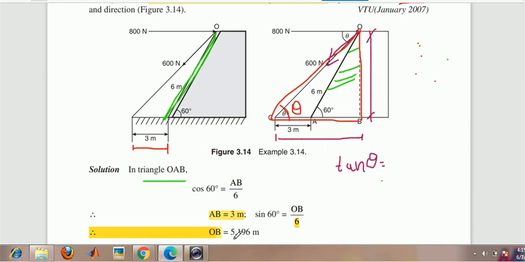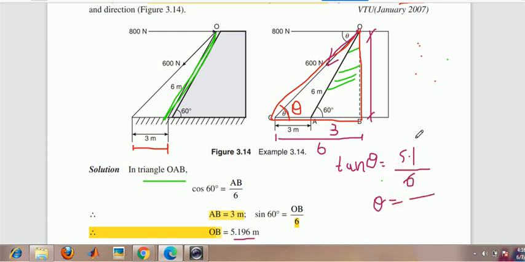OB is 5.1 and BC is 3, which is given, and the AB distance you have already calculated, 3 plus 3, total 6. So that is 5.1 divided by 6, that is you will get the theta.